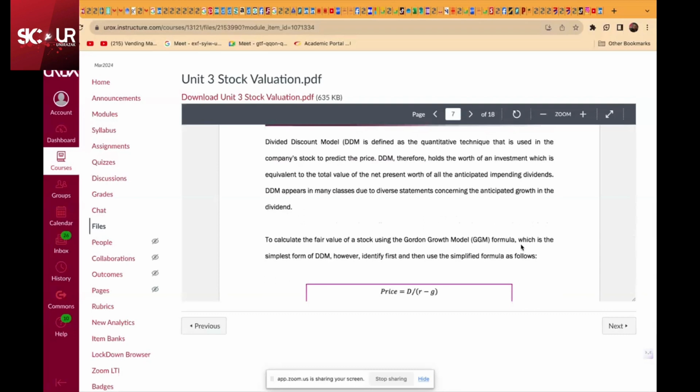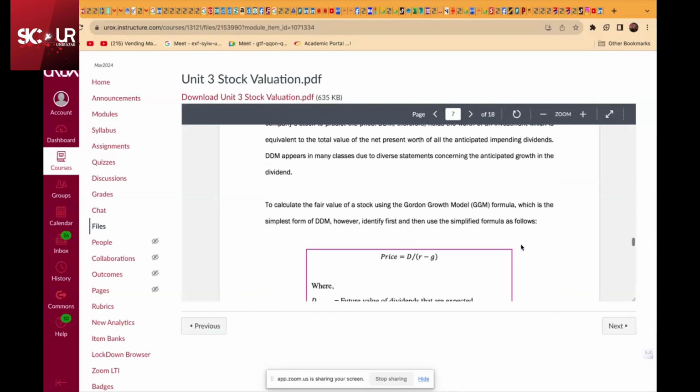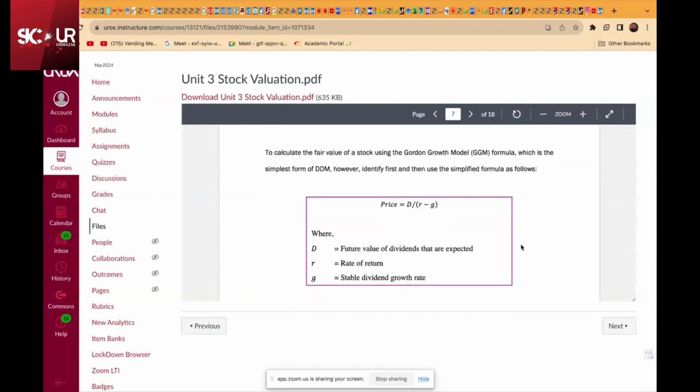It appears in many classes due to diverse statements concerning the anticipated growth in dividends. To calculate the fair value of a share using the Gordon growth model formula, which is the simplest form of a dividend discount model, we identify first and then use the simplified formula.